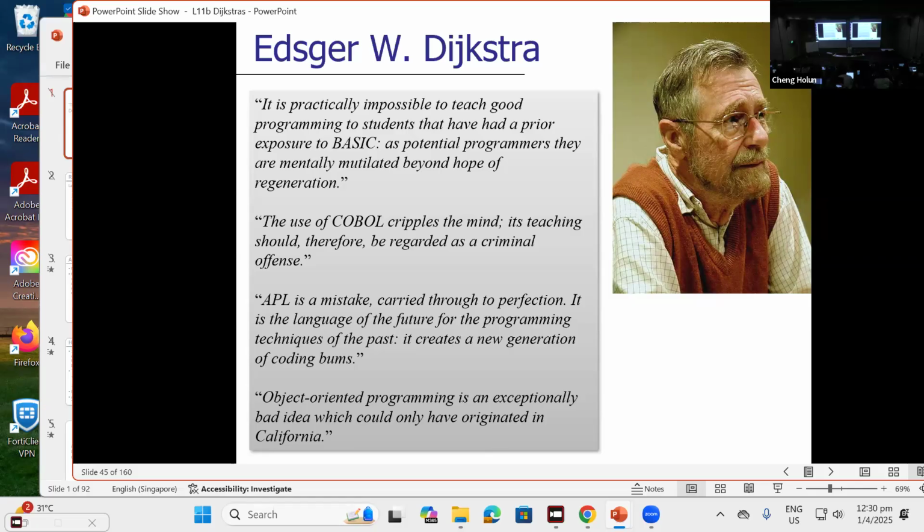So he insulted OOP and California together. I don't agree, don't sue me for that. So this guy is very interesting. Luckily, he died in 2002. But this guy is very, very clever. You can see that not only this, a lot of very clever algorithms at that time are by him.